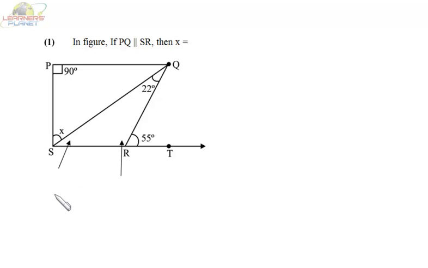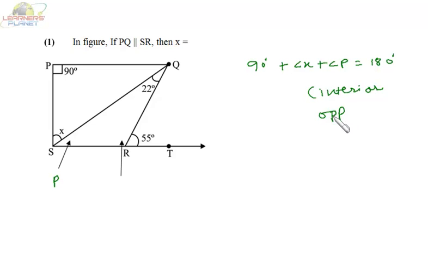I assume this angle to be, suppose, P. So 90 degree plus angle X plus angle P is 180 degree. Why? Because they are interior opposite angles. Okay.